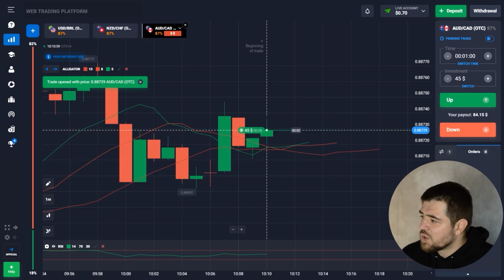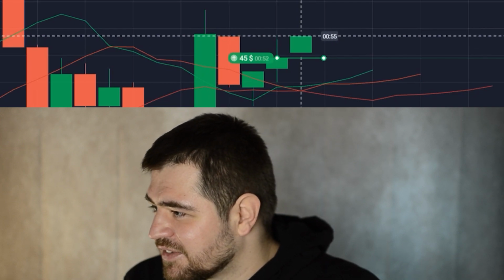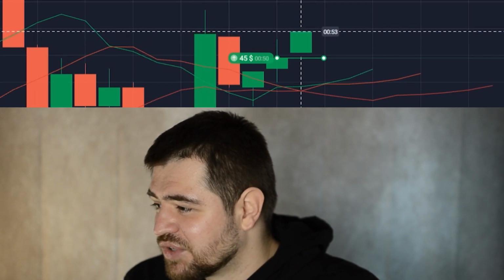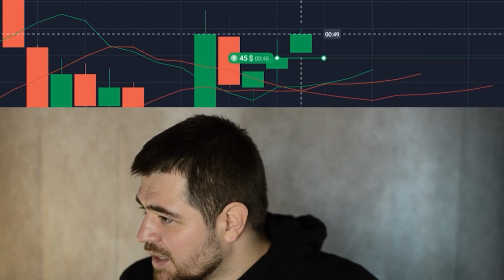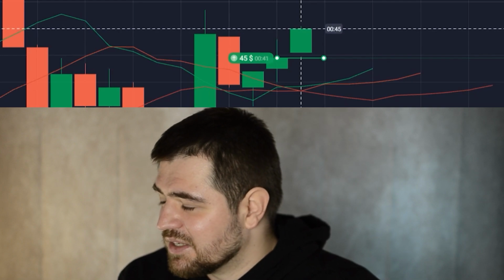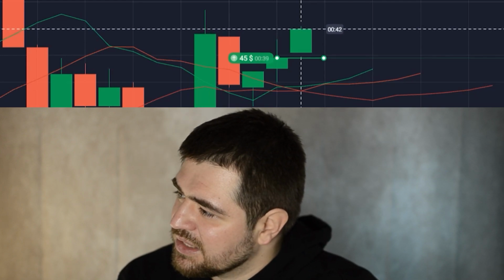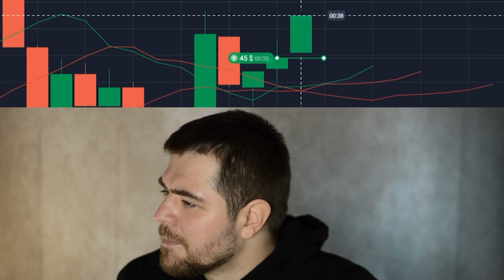45, and we're gonna go with the call option here. It looks a bit messy actually, but there is a bullish trend going on, and there is kind of an interest zone forming there.